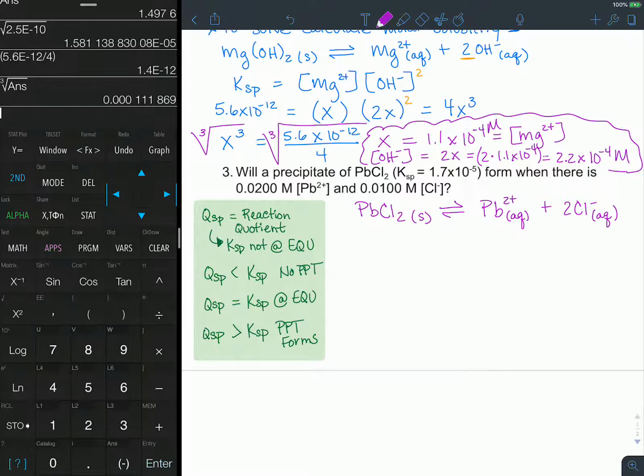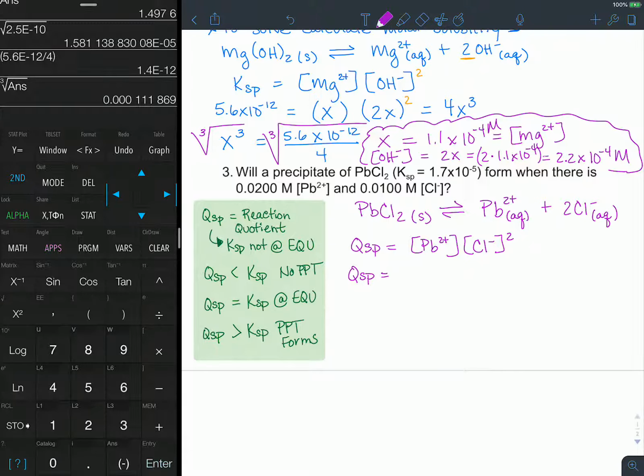We are given those concentrations, so in order to determine what QSP is, it's going to be the concentration of the lead ions times the concentration of the chloride ions squared. We don't need to put X's in there because we actually have the values for those, and so we're just going to plug the values in. QSP.